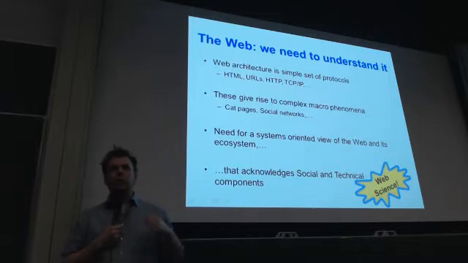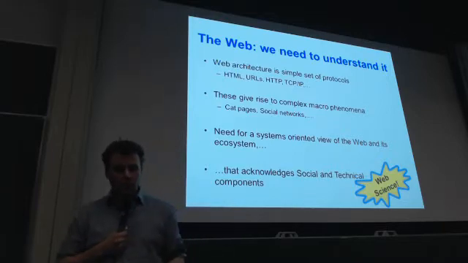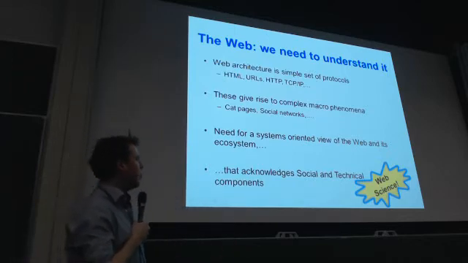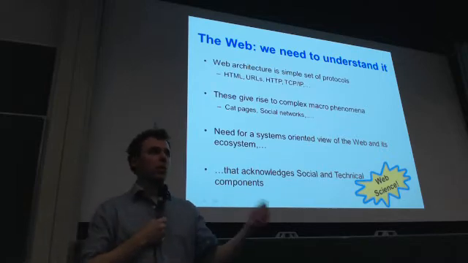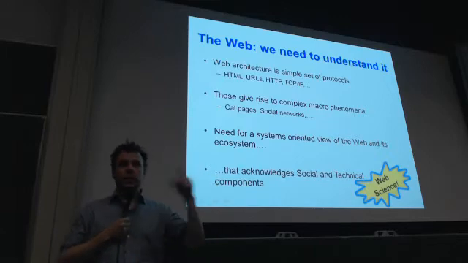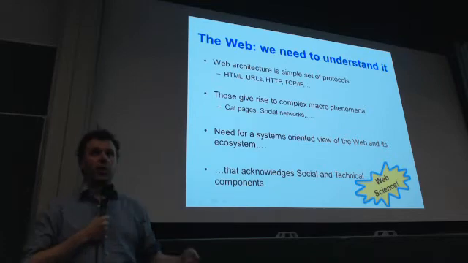Right, so if we want to understand that, then we have to have some new type of science which takes a holistic, systems-oriented view on the web and its ecosystem, so not just the technical point, but also what people do on it. And it acknowledges both these aspects, this multi-aspect nature. This is what is called web science.